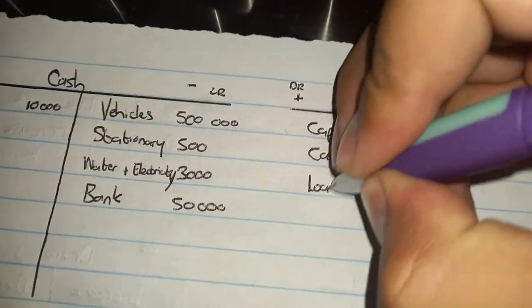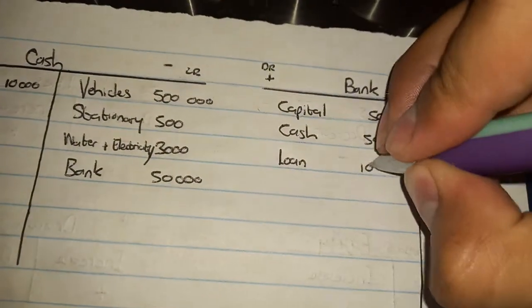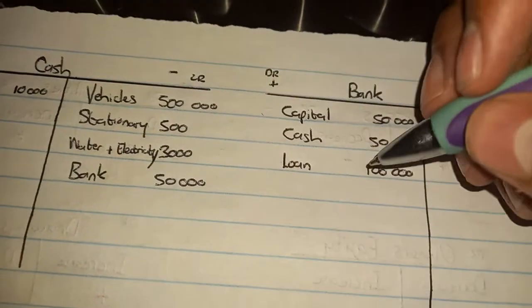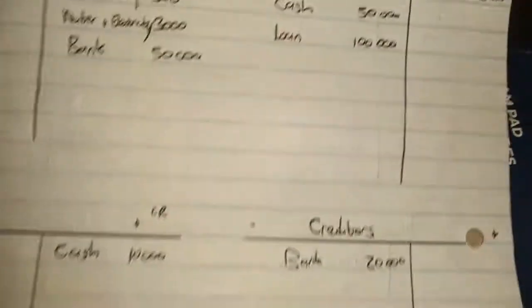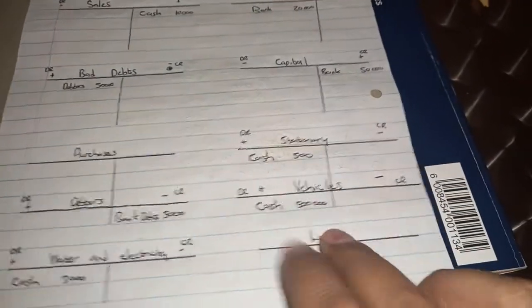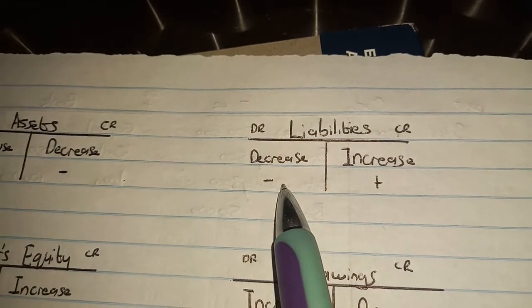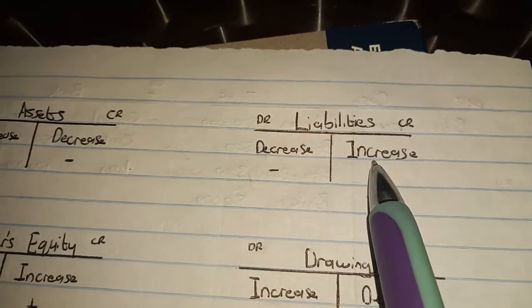The reason it's increasing by 100,000 Namibian dollars is because of the loan you took out, and then you need to create a new T account. As we said earlier, your loan is a liability, and as we can see, liabilities decrease on the debit side and increase on the credit side.